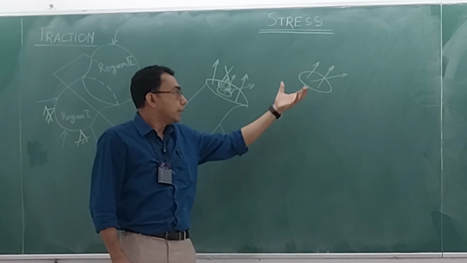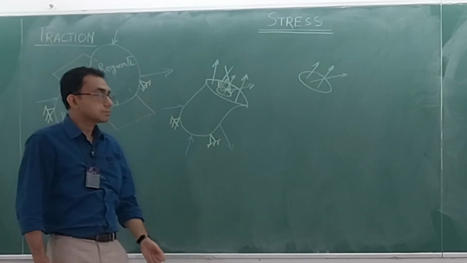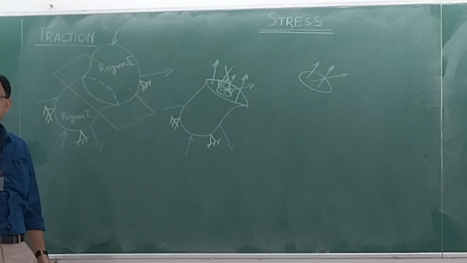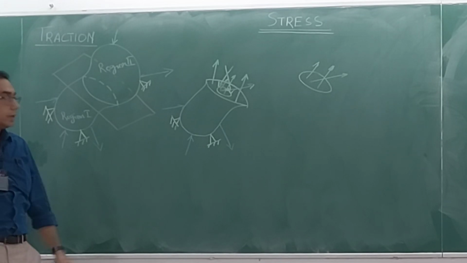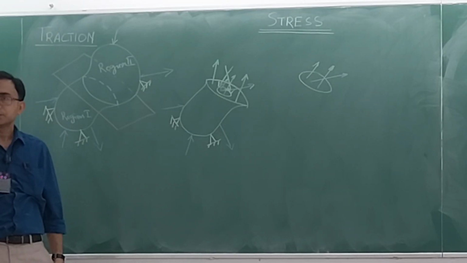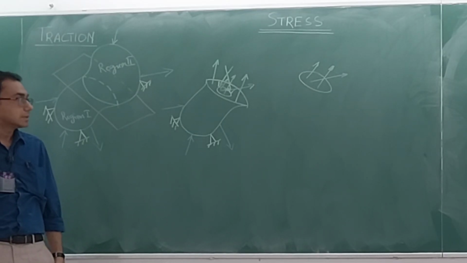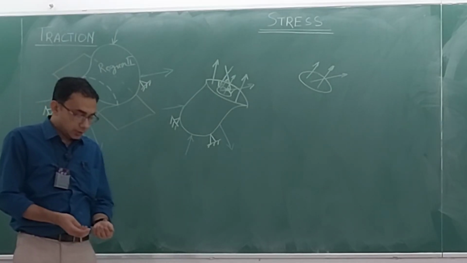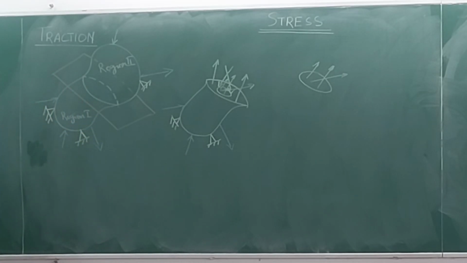Now, when I shrink this, what do you think is going to happen? Well, the distribution of forces is going to become a little bit different. Now think of it in another way. I have the little area.